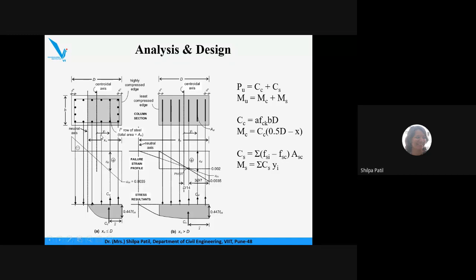This value will change with respect to every bar. If we consider this bar, then this yi will be different; if I'm considering this bar, the yi will be different. So for every force developed in the steel multiplied by its lever arm, their summation will give us the moment resisted by the steel.